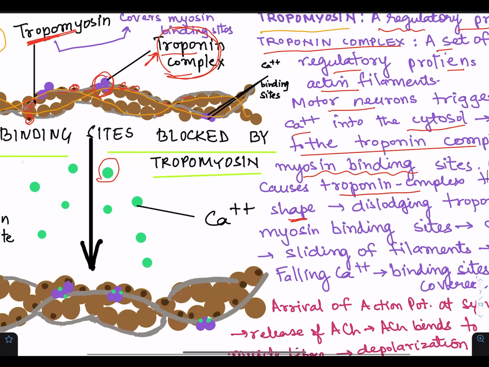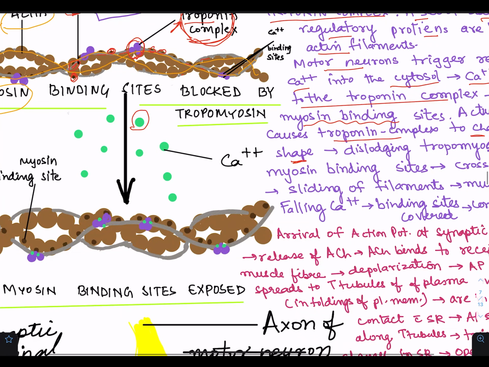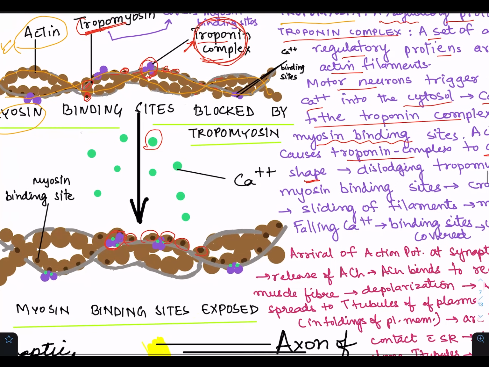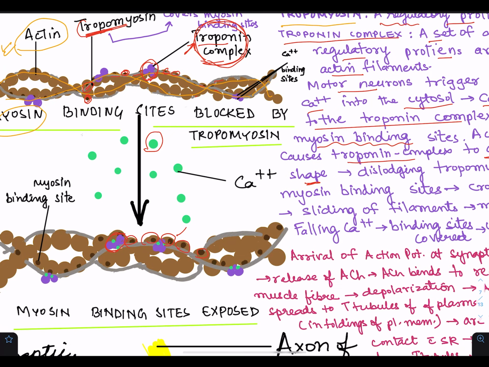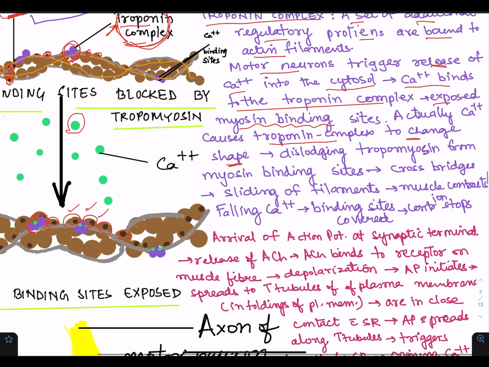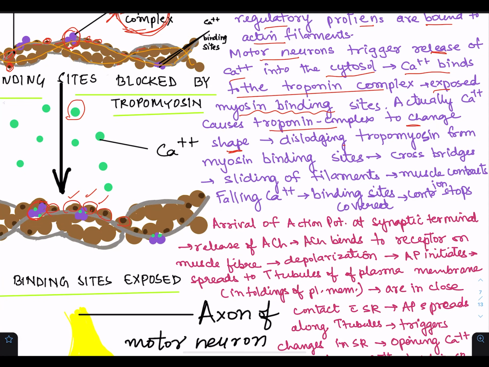As a consequence, tropomyosin will expose these myosin binding sites. See, because of the change in configuration of troponin, tropomyosin has exposed these sites. Now, dislodging of tropomyosin from the myosin binding sites occurs.